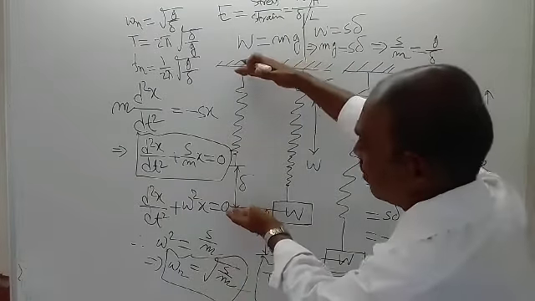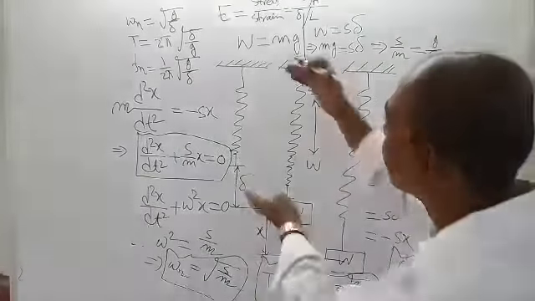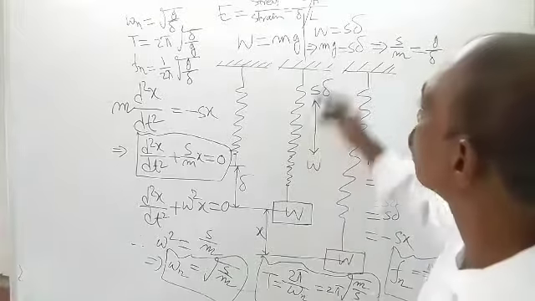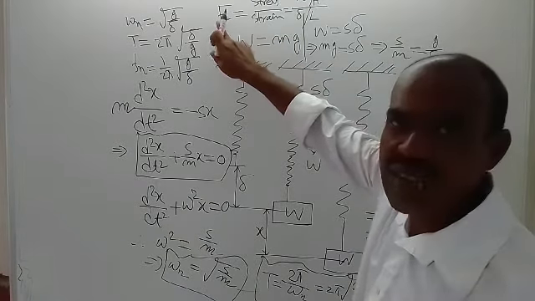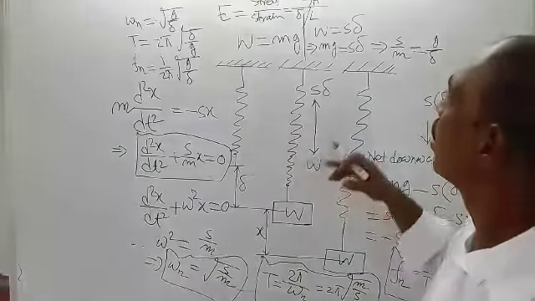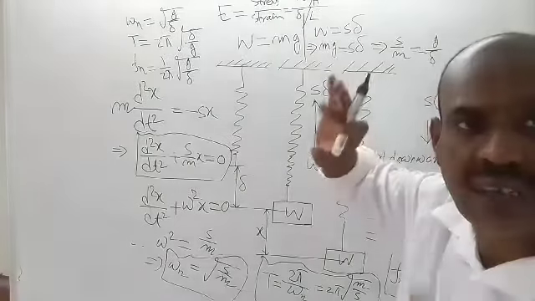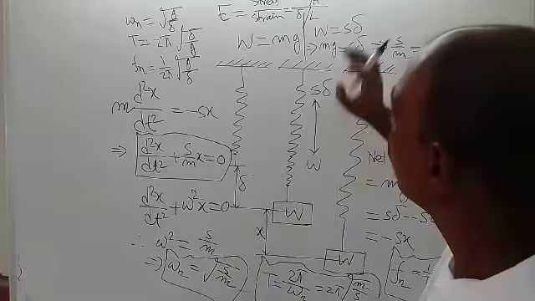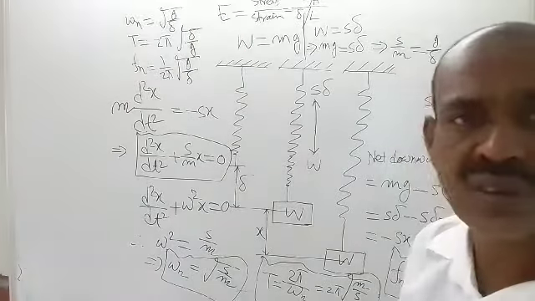Original length means the length when there is no weight attached at the end of the spring. So by using this expression for Young's modulus, for given weight, given length and given cross-sectional area, we can calculate delta. So that delta can be used here to get all the values.